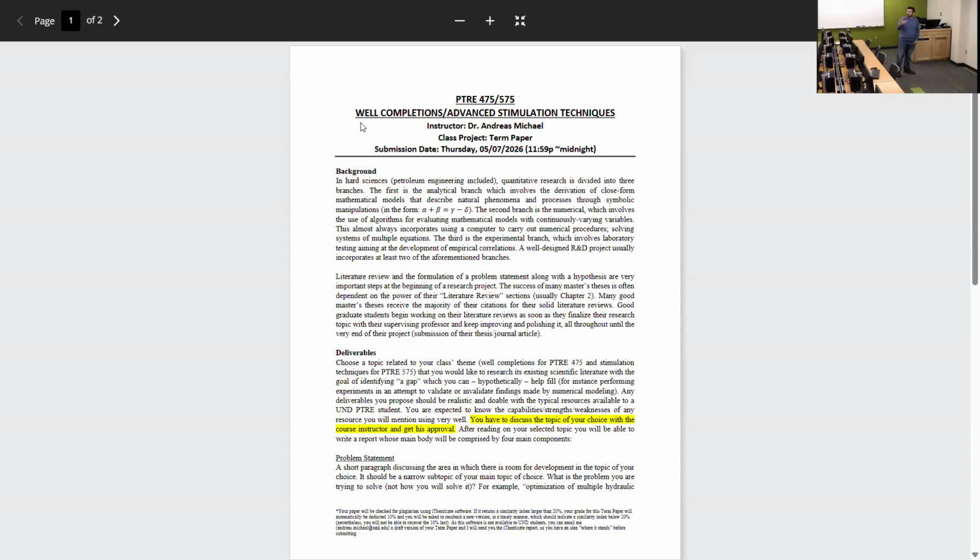You are not expected in this case to do the work. It's just like putting forward a logical hypothesis that you can easily test.